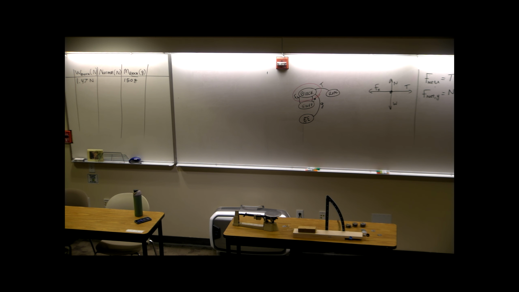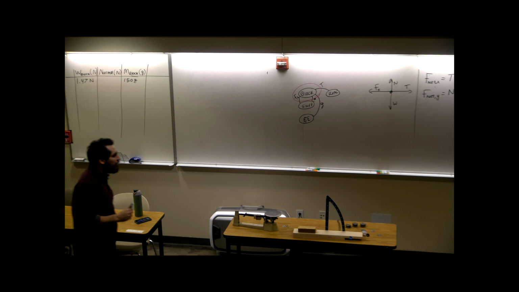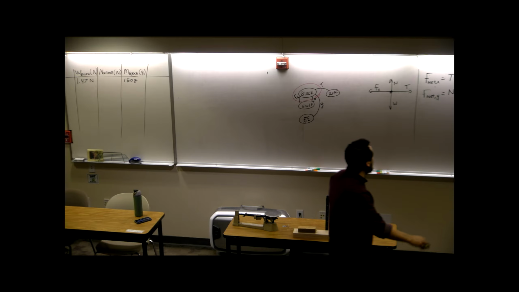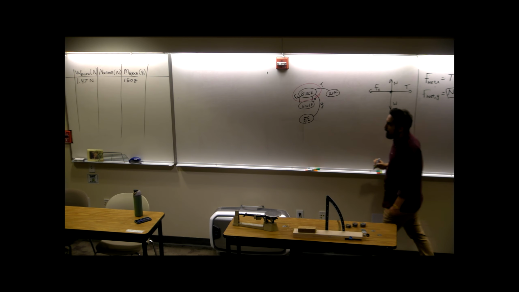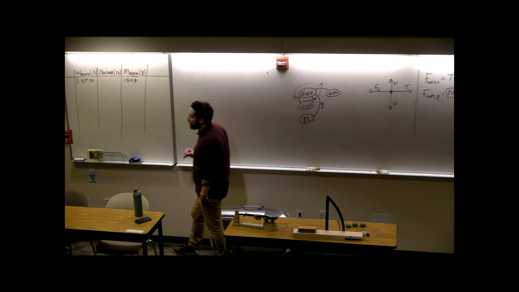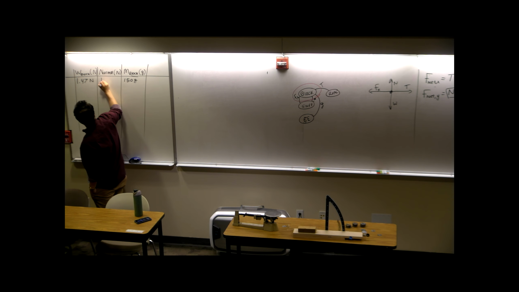No, there's no vertical acceleration, and in the case of our experiment, the vertical acceleration will always be 0. If the vertical acceleration is 0, what does that tell you about the vertical net force? Also 0. So we get normal force minus weight is equal to 0, or in other words, the normal force is equal to the weight, 1.47 newtons.